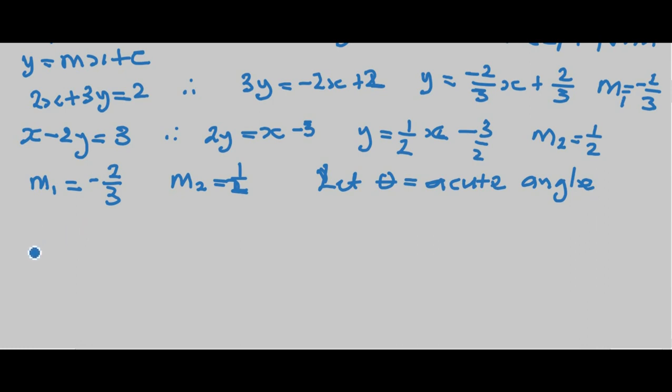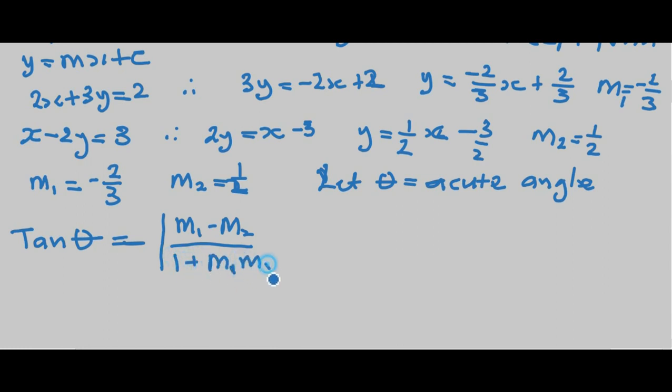So we know that tan theta is equal to the absolute value of (m1 minus m2) all over (1 plus m1 m2).